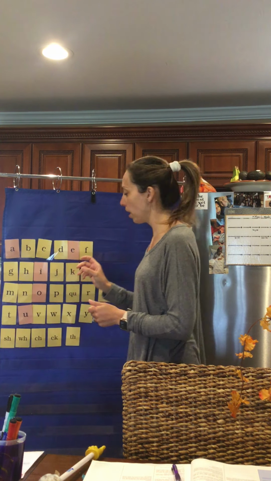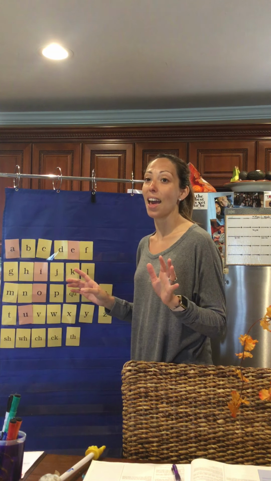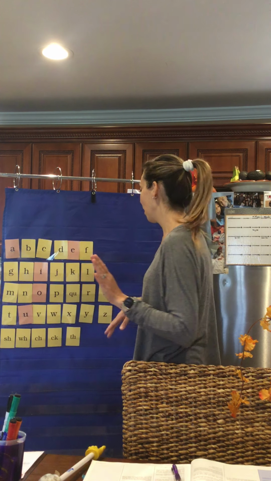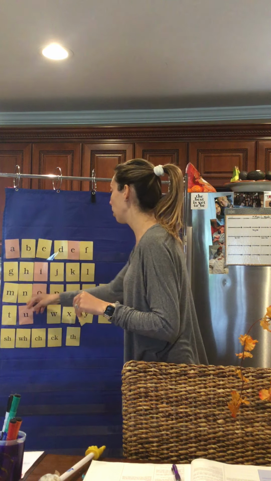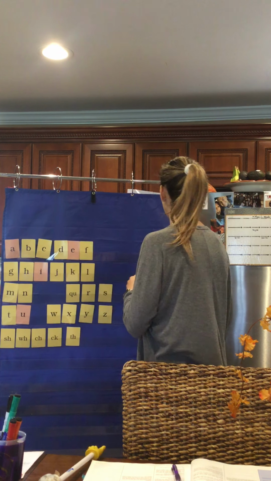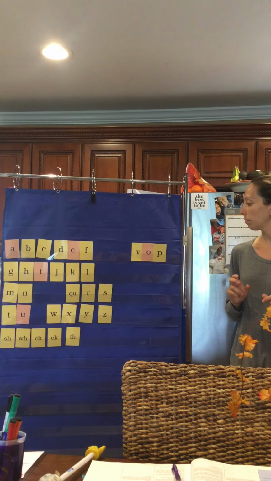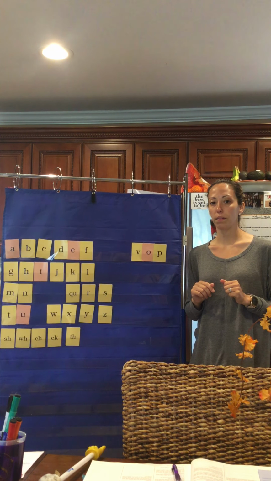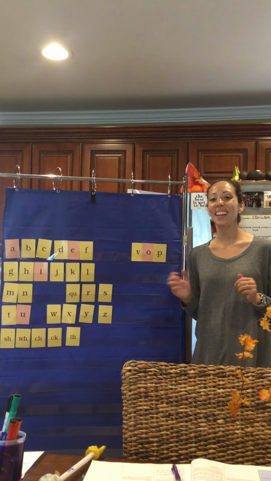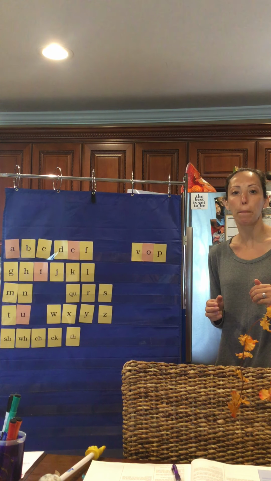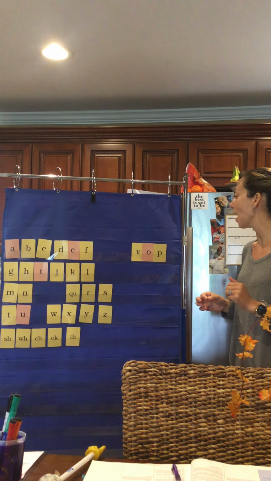The next word is going to be a nonsense word. Nonsense words are not real words. They're just fun, silly words. What do you think? Excellent. The word is vop. That is definitely not a real word.